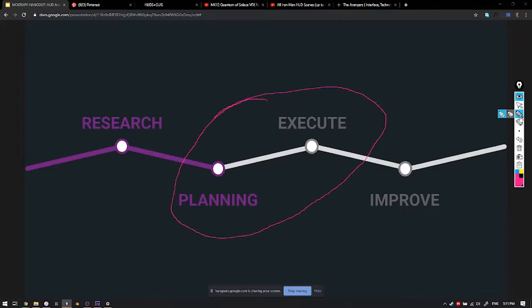I found that wasn't quite ideal, because sometimes you can't get what you want, and when you're going back and forth between these two, you can't really focus on either. As you're planning one thing, you're thinking about how you're going to execute it, and then you're trying to execute it while also trying to figure out what color it should be. It's crazy. You can't really work like that, not for a long time.